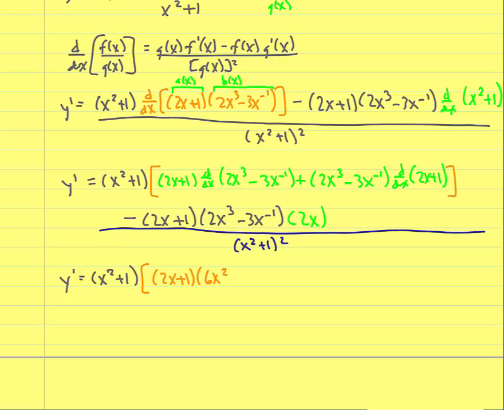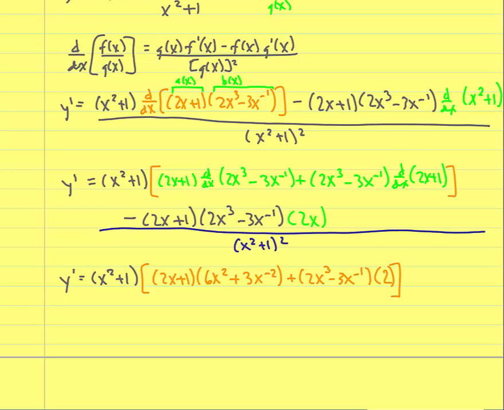The derivative of negative 3x to the negative 1, I'd bring the negative 1 down. So I have a positive 3x to the negative 2. And if you need to pause and work that one through, remember you have to decrease your exponent by 1. And when you do that, negative 1 decreased by 1 becomes a negative 2. So I have plus 2x cubed minus 3x to the negative 1 times 2, because the derivative of 2x plus 1 is 2, because the derivative of a constant is 0.